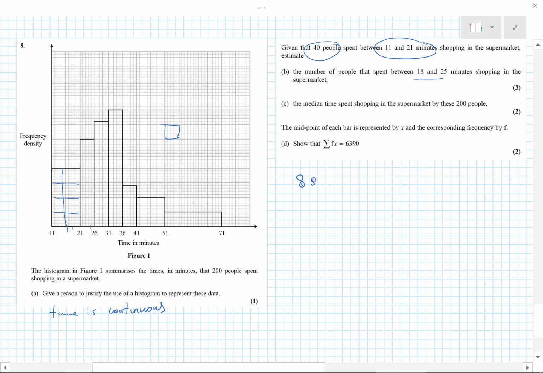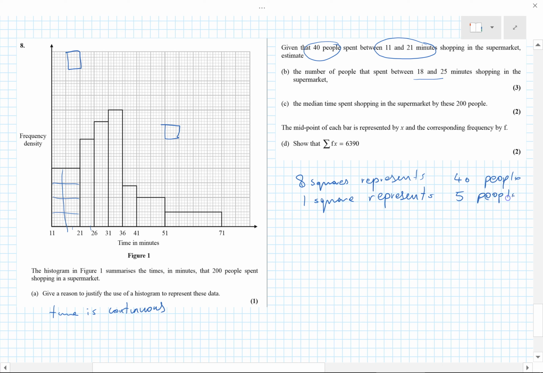So 8 squares represents 40 people. So one square represents 40 divided by 8, which is 5 people.